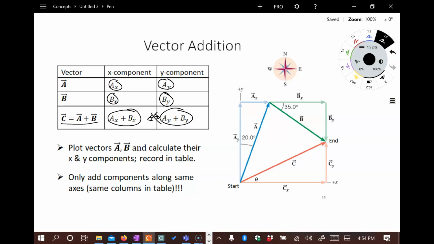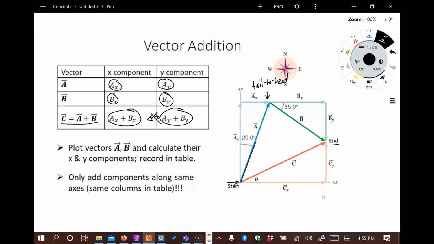If you look at the picture here, we've drawn the vectors a and b. We started at the origin, right? Then we draw vector A as specified, and then we put the tail of vector B to the head of vector A and draw it exactly as specified, until we get to the end here.